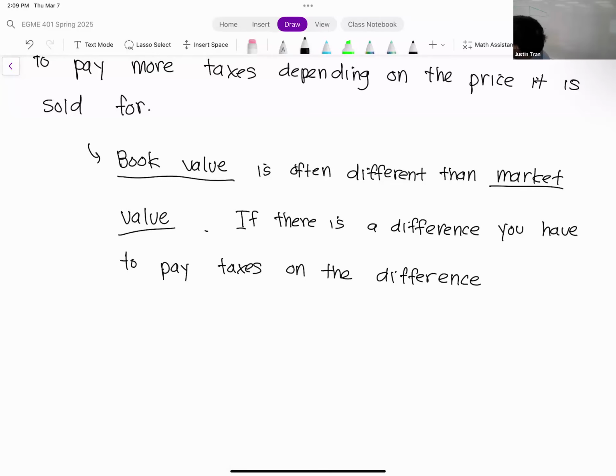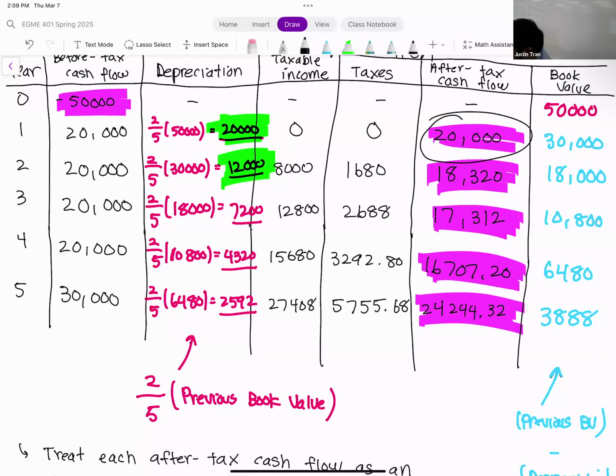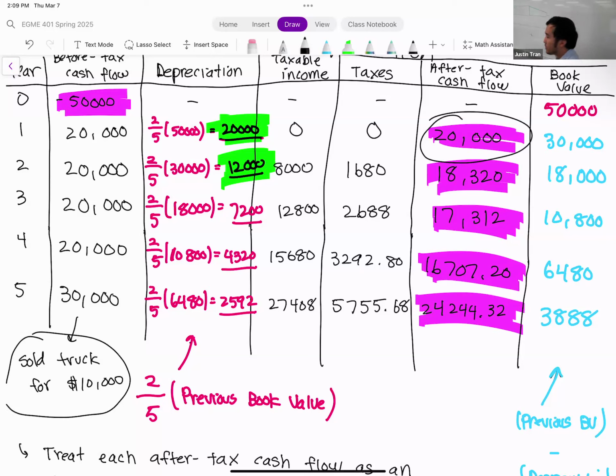And so if we look back at the last example, we did neglect this, right? If you look at year 5, in year 5 we sold the truck for $10,000 at the end of year 5. So that had nothing to do with taxes. That's just, we found some guy on Craigslist who wanted to buy the truck for $10,000. Okay. But according to our tax books, our truck was only worth $3,888.